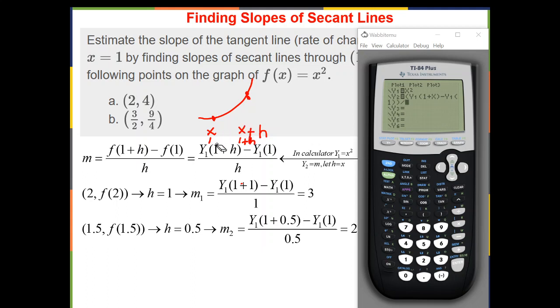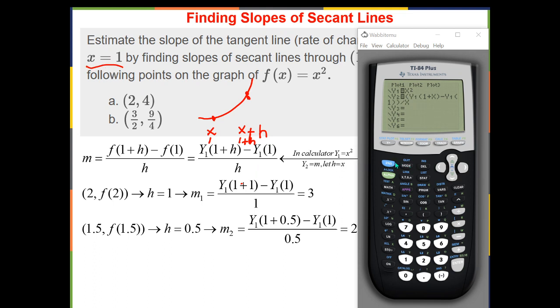Of course, since we call h x here, this would be x, right? Just to use the calculator, we're going to call h x. Of course, our x value here is 1, because that's where we want to find the rate, right? See right there? We're given x equals 1.